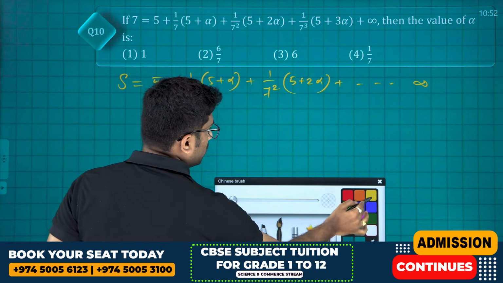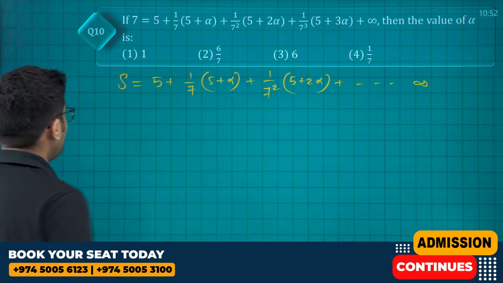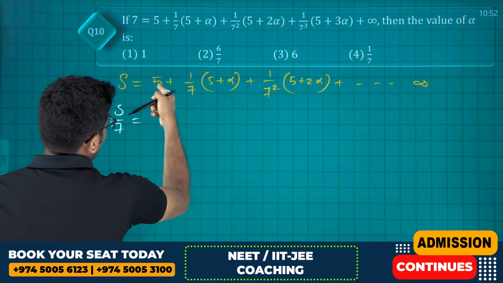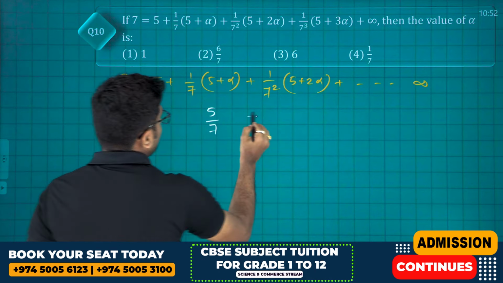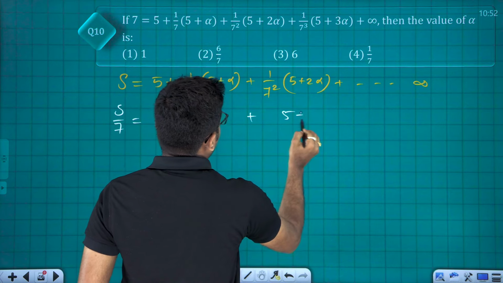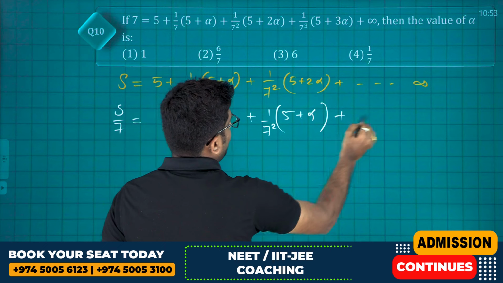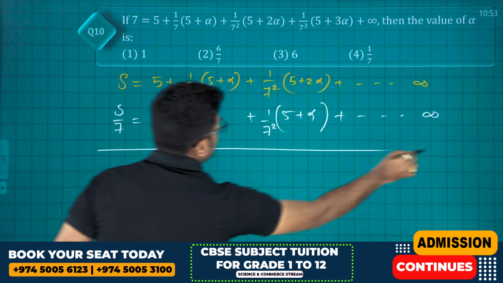Now we identify the common ratio and multiply the common ratio on both sides. Here the common ratio is 1 by 7. So S by 7 is equal to 5 into 1 by 7, and shifting one term, 5 by 7 plus (5 plus alpha) divided by 7 square, and so on up to infinity. Now subtract these two.